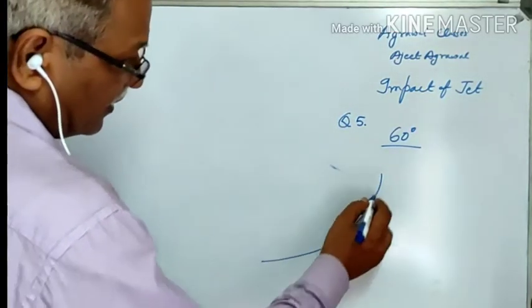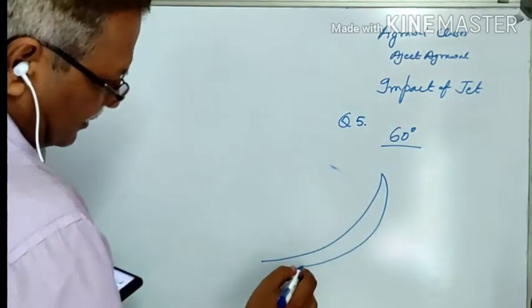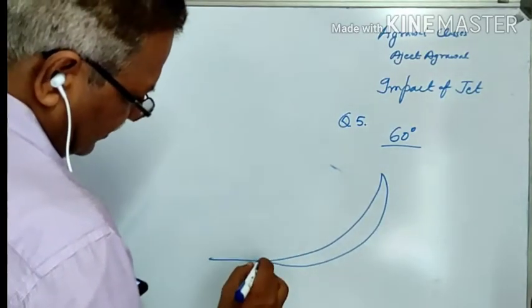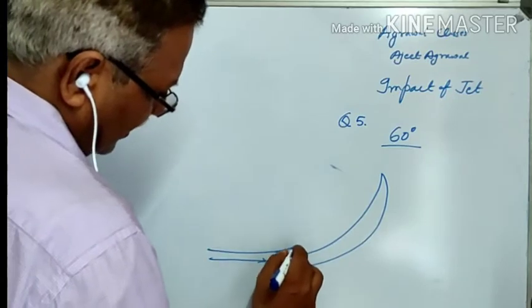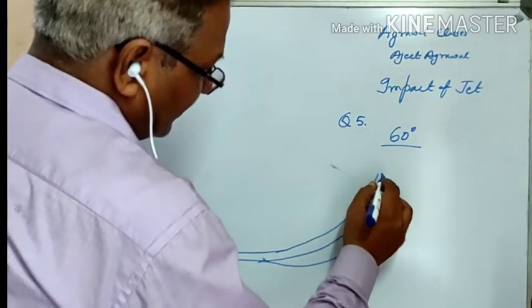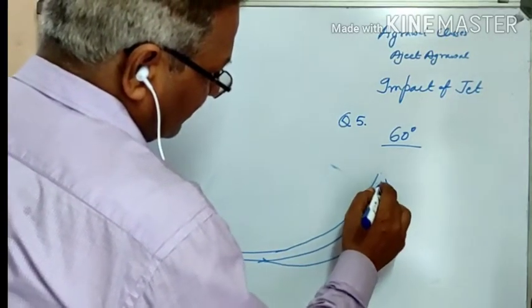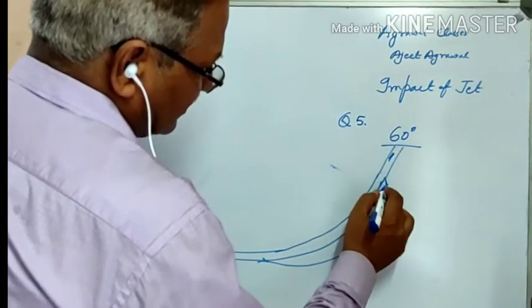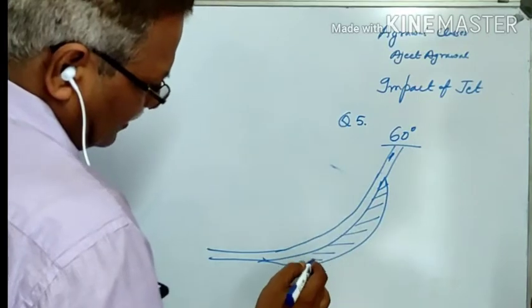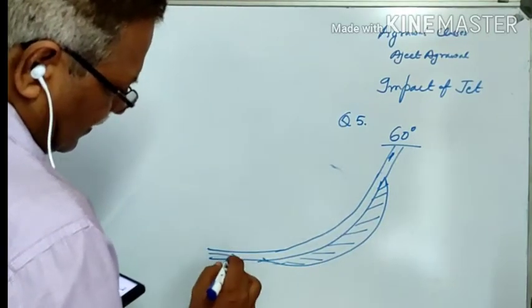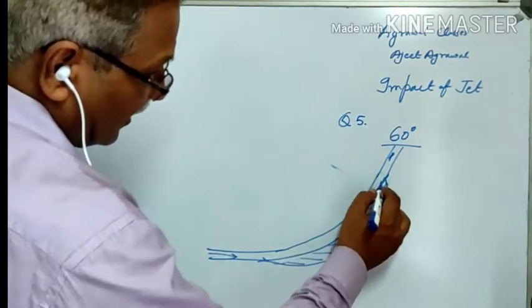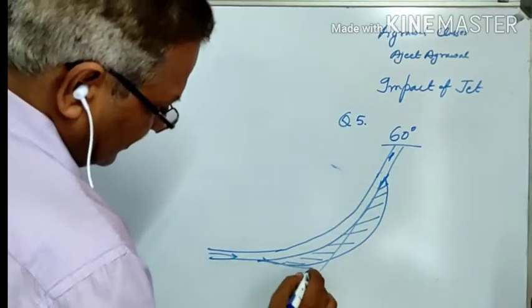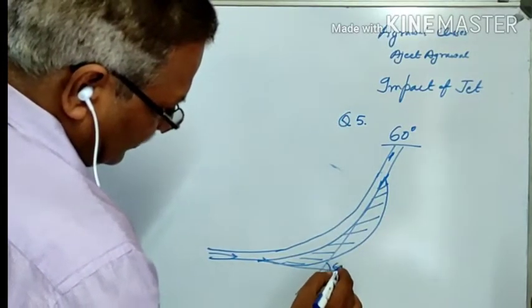So say this one is the plate, so the fluid is entering in this direction and is leaving from the plate in this direction. This is the fluid jet and it is getting deflected by the angle of 60 degrees only.